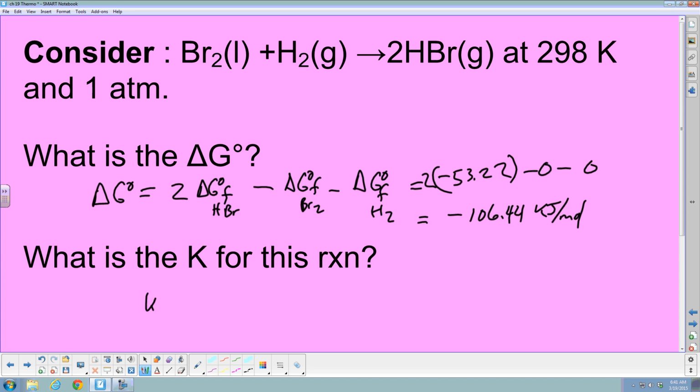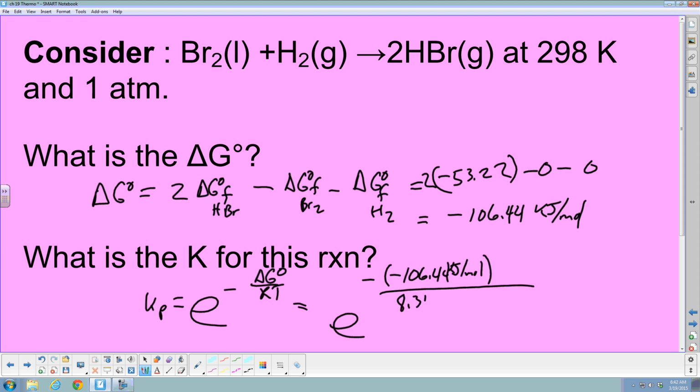So my Kp equals e to the negative delta G prime over RT. So that's equal to e to the negative 106.44 kilojoules per mole over 8.314 times 10 to the minus third kilojoules per mole Kelvin times my 298. Great. Let's run the numbers.